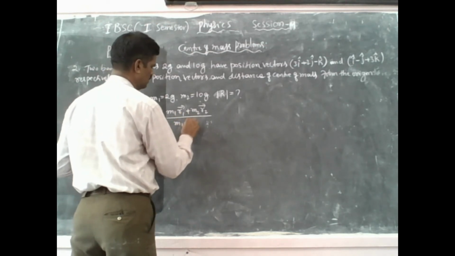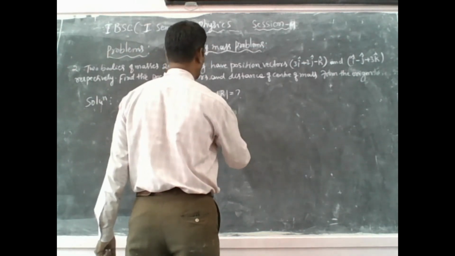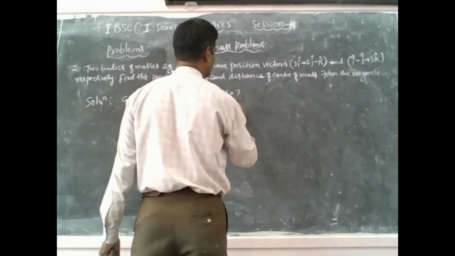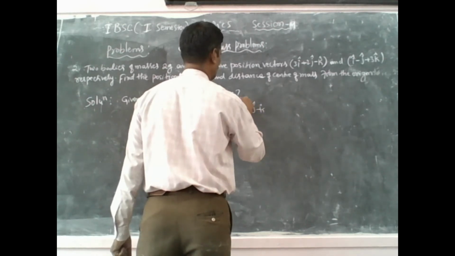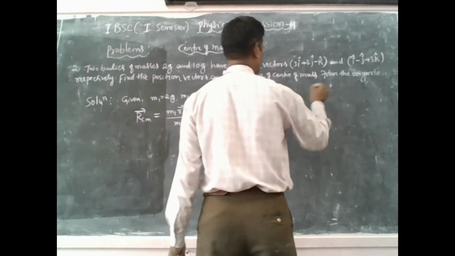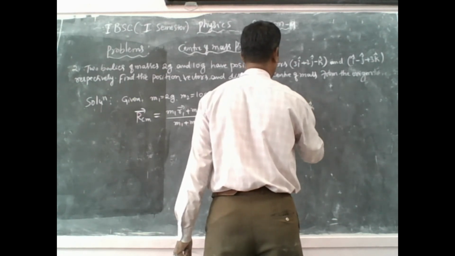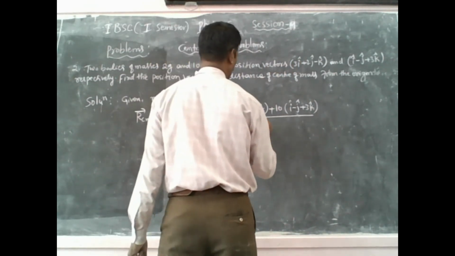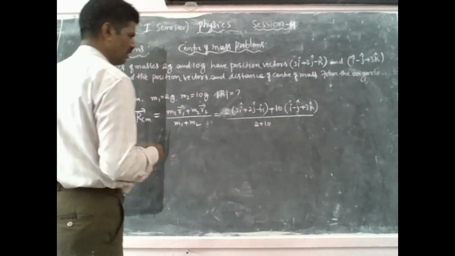And total mass m1 plus m2: m1 is 2 gram, m2 is 10 gram. 2 into r1, here r1 is 3i plus 2j minus k, and plus m2 which is 10 gram, therefore i minus j plus 3k, all divided by m1 plus m2. m1 is 2 plus m2 is 10 gram, total 12 gram. Isn't it?